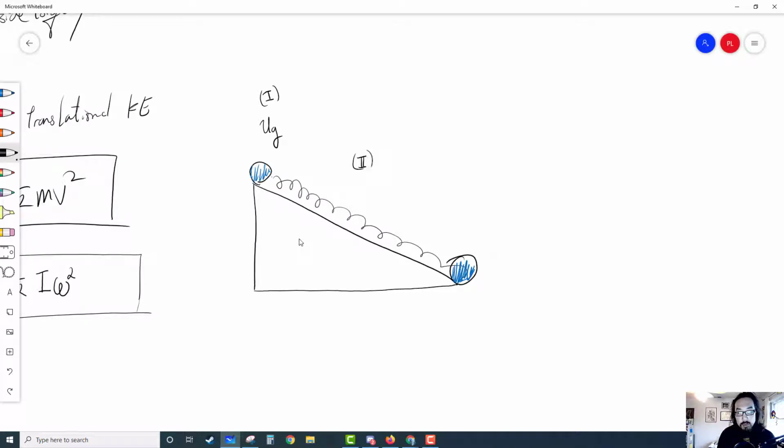And so in phase 2, while the object is rolling down the ramp, we say there's gravitational potential energy because it's still above the ground, plus the regular kinetic energy, this is the translational, how fast it's moving forward, plus kinetic energy ROT, or the rotational kinetic energy. So we say that right here in the middle, it has all three forms of energy.